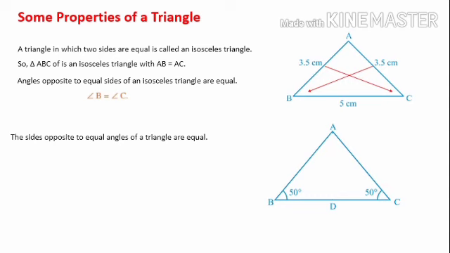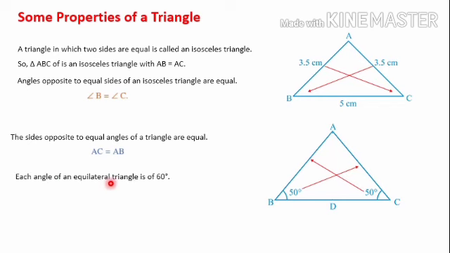So angle B is equal to angle C. The sides opposite to equal angles means here if you take the side opposite to C is AB, and if you consider B, the side opposite to B is AC. Means here AB and AC are equal. So AC is equal to AB.